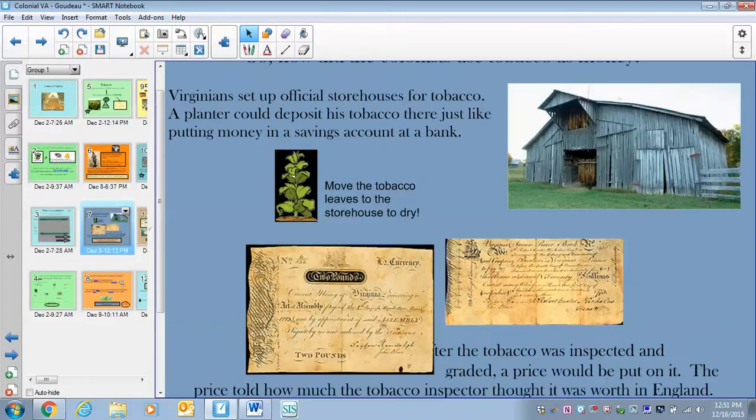You get these letters of currency. So the person who lets you store your tobacco in there will give you money that you can use, just like a savings account. They let it sit in there until it dried, and they would take it back.